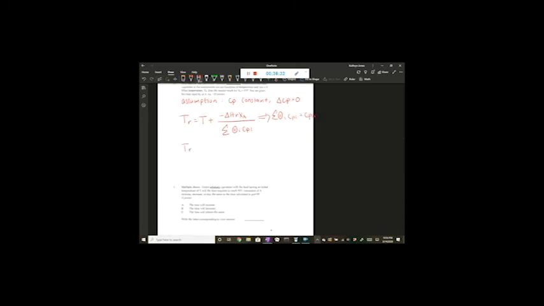So we have TR is equal to T plus negative delta HR XA over CPA. And if we plug everything in, we get TR is equal to T minus 0.9 delta HR divided by CPA.